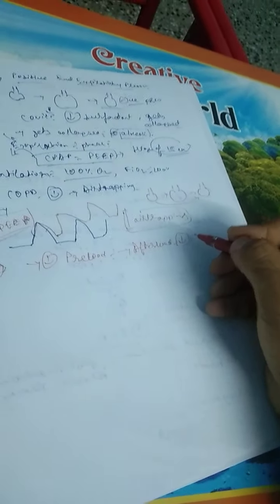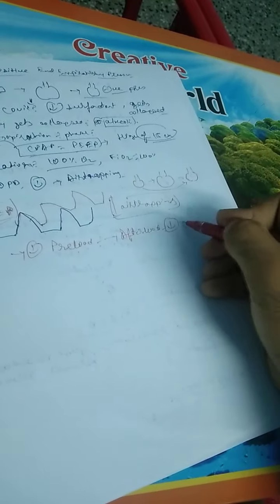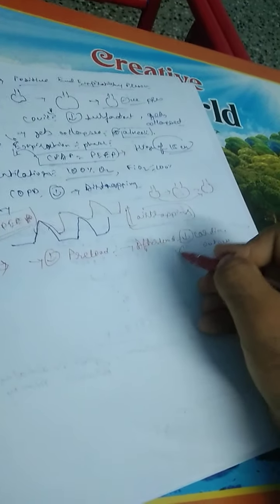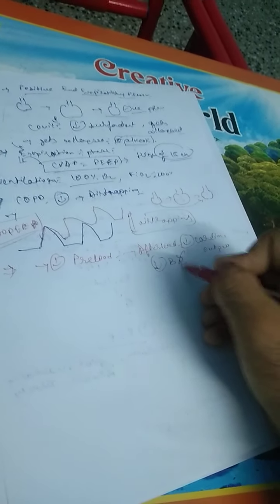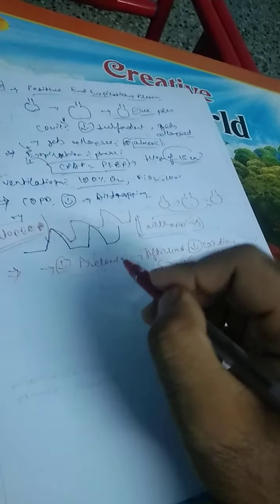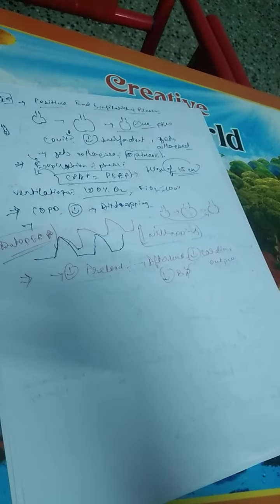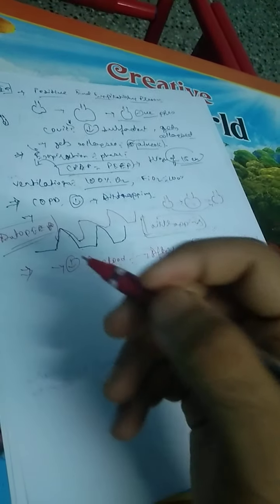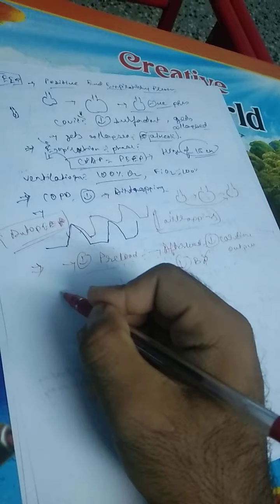Because of this, there is a decrease in cardiac output, and a decrease in BP also. Similarly, the SVC receives blood from the head and brain and other structures.